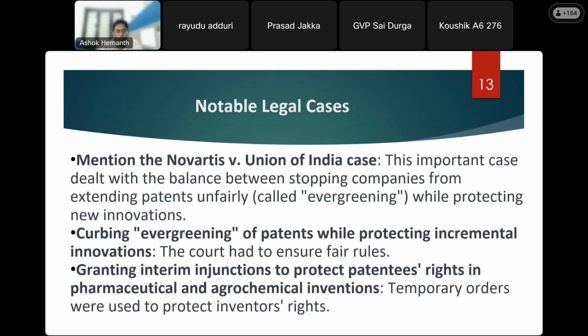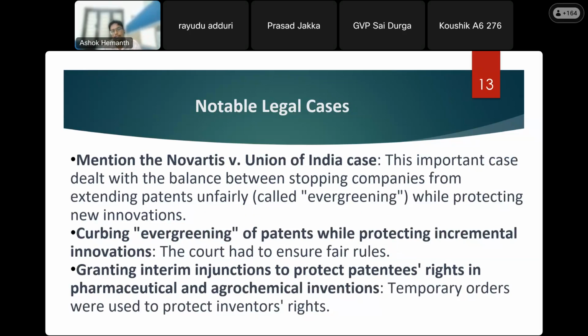Even after the TRIPS agreement, we inculcated it in 2005. Even after 2005, we stopped one continuous patenting, which is called evergreening. After you get a patent, the rights are for 20 years.